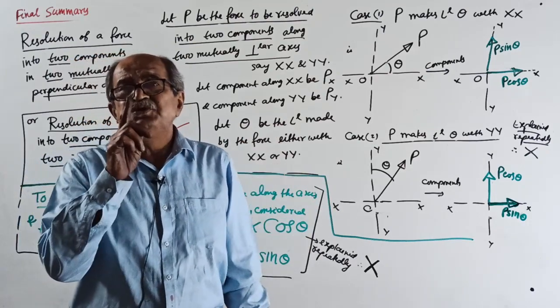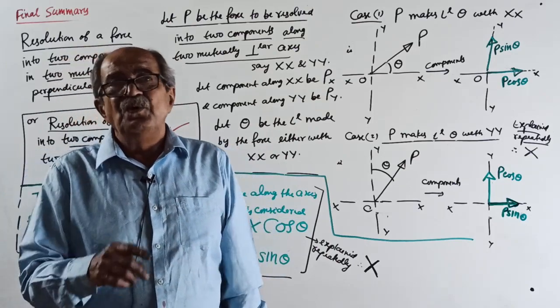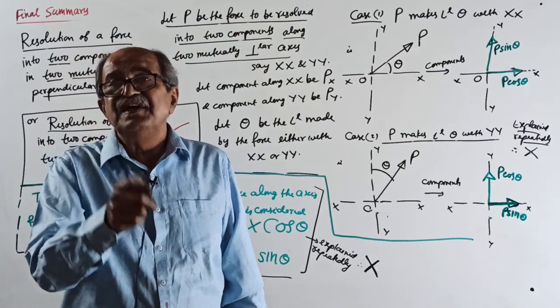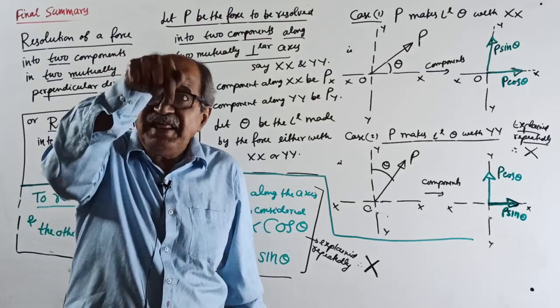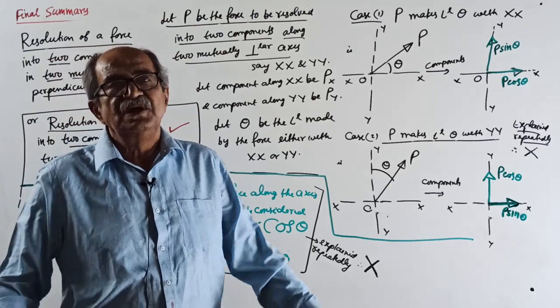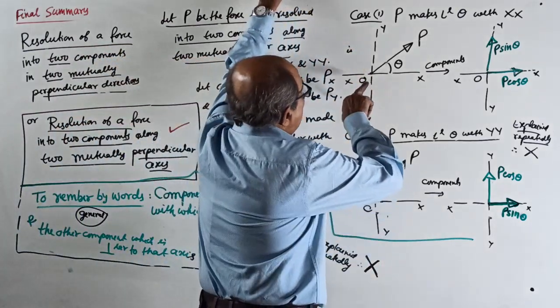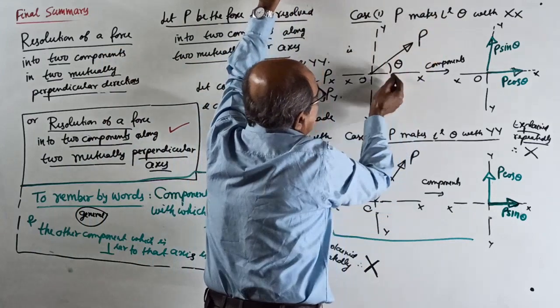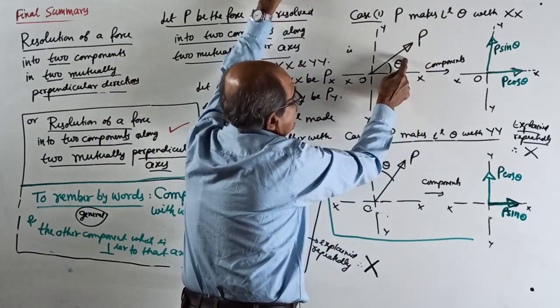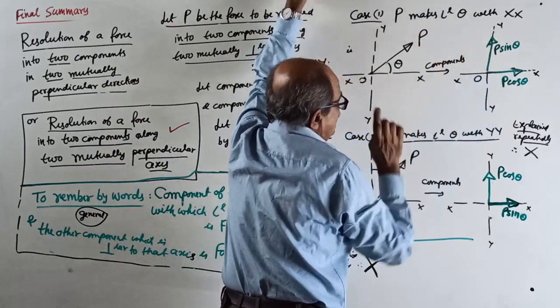Once you decide, or once you consider an angle with a particular axis, the component along that axis with which the angle is measured is cos. The other component is sine. Once again, here our force P makes angle theta with x-axis, so x-axis is cos, y is sine.